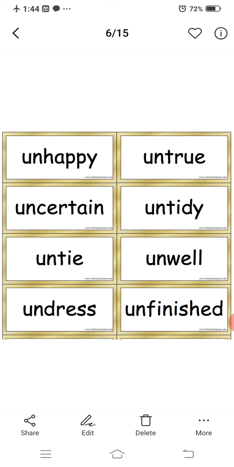You can see the difference now? Okay, so if we add a prefix "un" at the beginning of the root word, it creates the opposite meaning of the word.